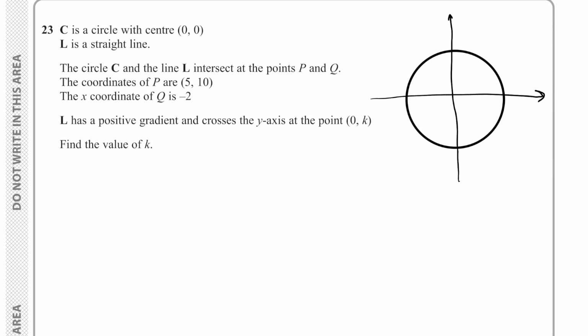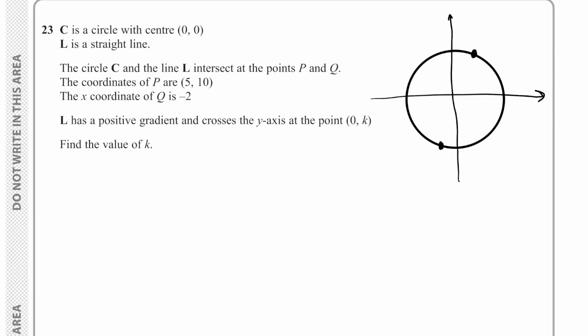The circle C, now L is a straight line. C and L intersect at P and Q. The coordinates of P are 5, 10. So that's somewhere over here. The x coordinate of Q is -2. L has a positive gradient, so it can't be there, it must be down there.